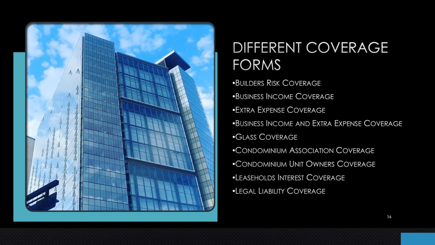Condominium association coverage covers the exterior common grounds of a condominium. Okay? You know, the hallways, the stairways, right? The pool, right? Maybe the parking lot with the carports, right? That would be the condominium association coverage. And then condominium unit owners coverage covers the interior of the condo.